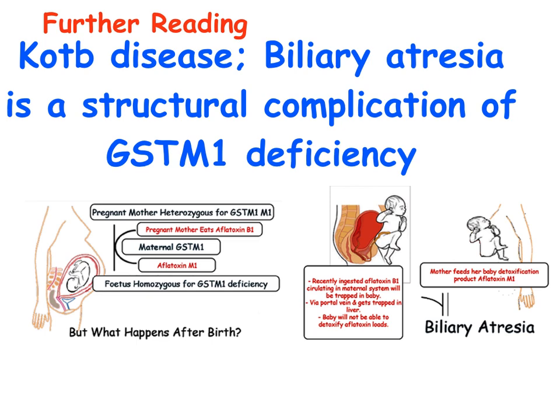But once baby is delivered and the cord is milked, an amount of aflatoxin would reach the portal vein of the baby, and the baby will have the aflatoxins trapped in his liver, and baby will not be able to detoxify the aflatoxin loads.